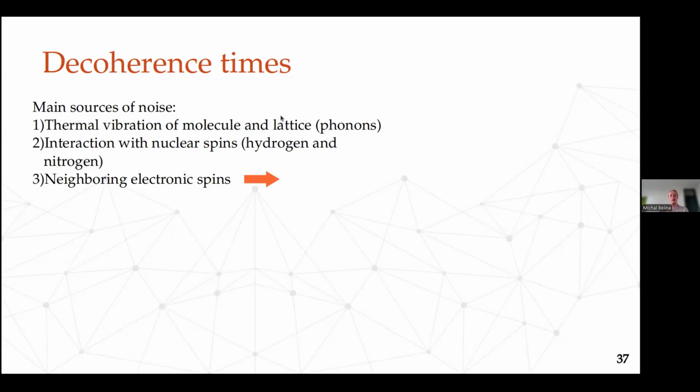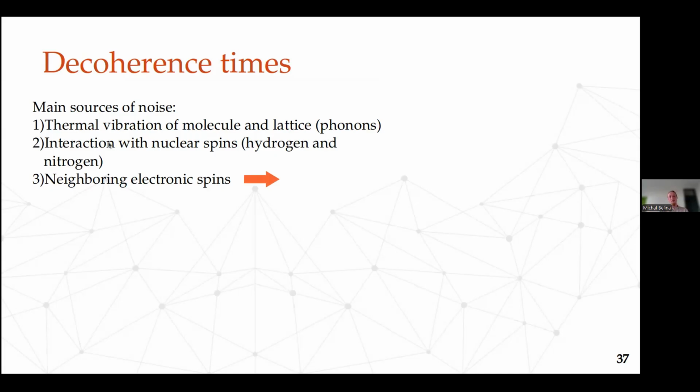By using rigid molecules, like was shown in the previous slide, you can somehow protect your element in the middle just by not populating the vibrational modes of those molecules, and therefore you can solve this source of noise.